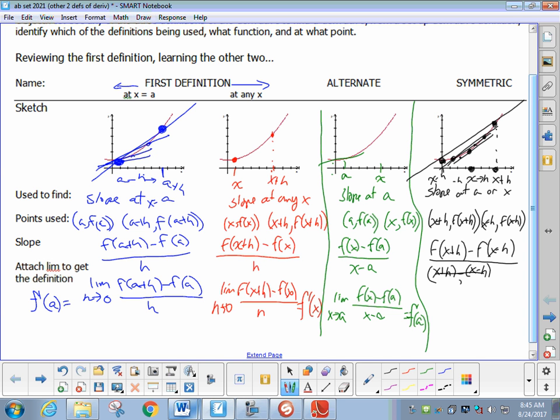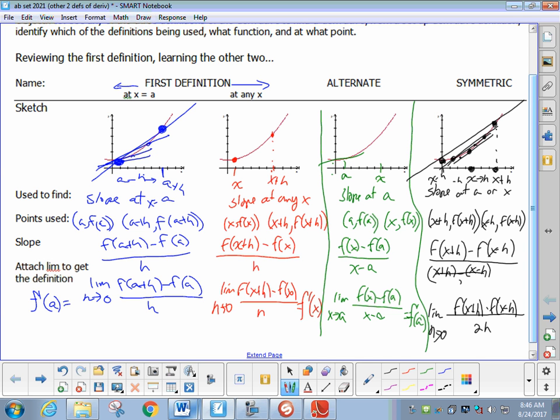That's 2H. So then the question is, when you take the limit of that slope to get the 2 points close together, what limit? How do you move stuff to get the points close? H to 0. So in that respect, it's like the first one.